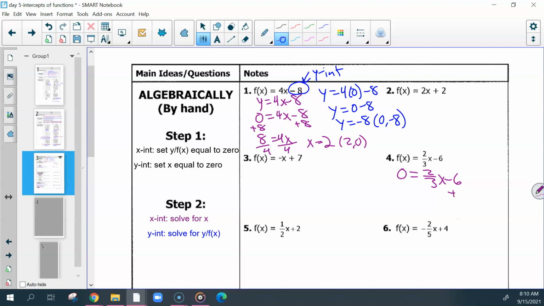So add 6 to both sides. And then either multiply by 3, divide by 2, or multiply by the flipped version of this fraction.